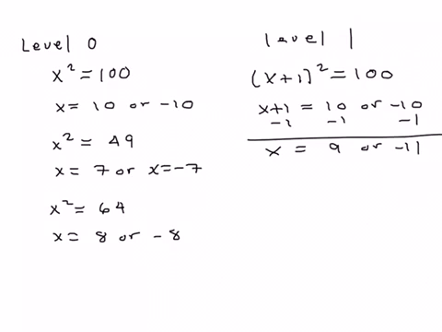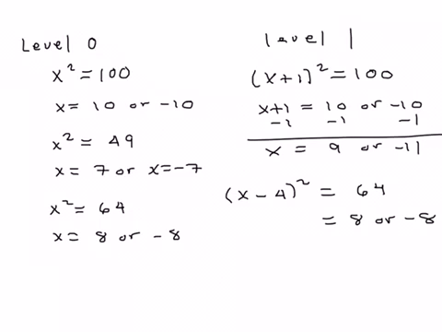Let's try another one. How about (x - 4) squared equals 64? Well, this is telling me that something squared equals 64. So if something squared equals 64, then that thing must be either 8 or negative 8.